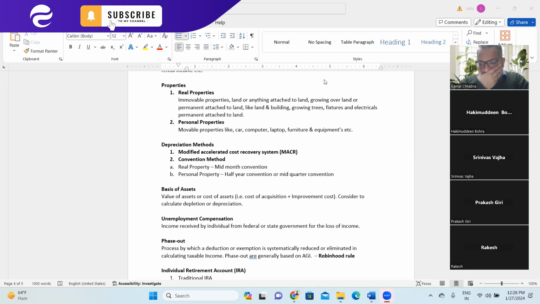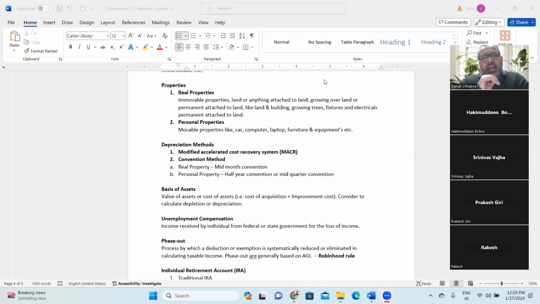Is it the property that is owned by an individual and not in the name of the business? As of now, we are discussing more about individual taxation. So it may be possible that property is owned by an individual, but he or she is using it for business purposes. Then it comes under the personal property category.